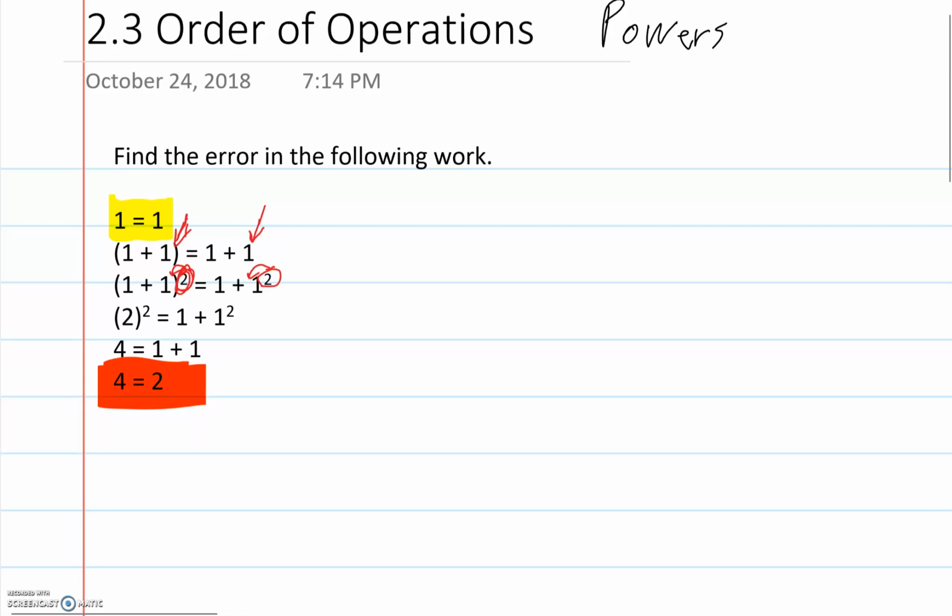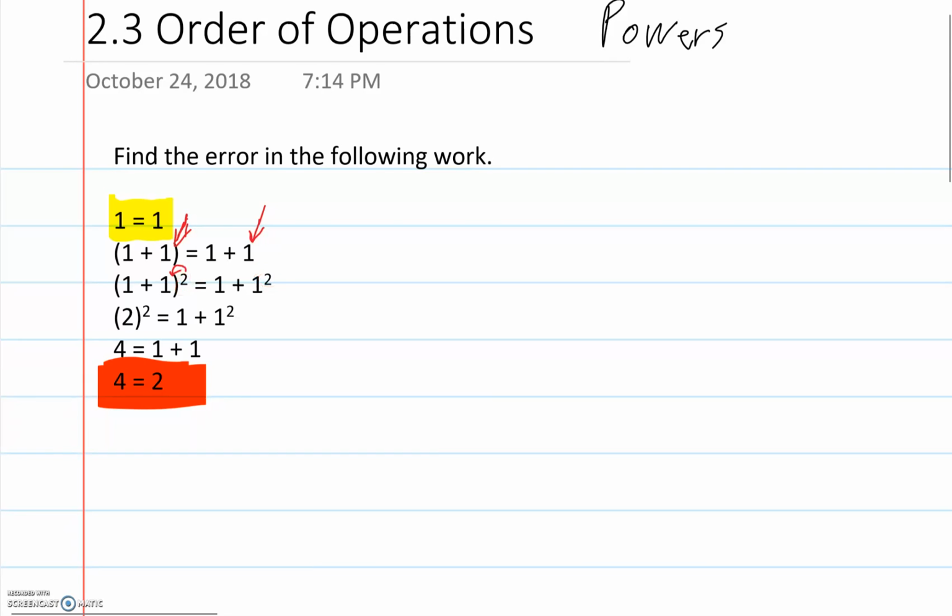And so now if we go to the next step, we're going to see 1 + 1 equals 2, and then the square hits it, whereas the square just stays on the single 1. So 2 squared is 4, and then 1 + 1 squared is still 1 + 1, and then 1 + 1 equals 2. So where is our error?